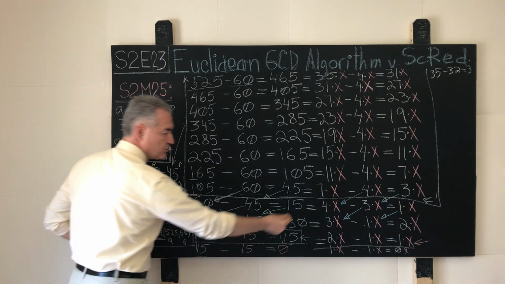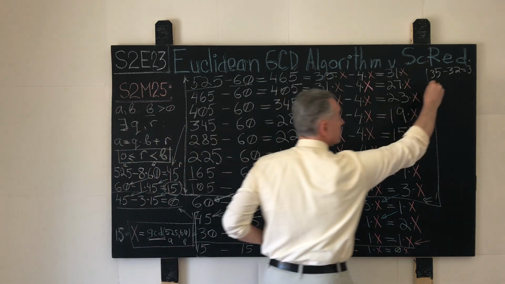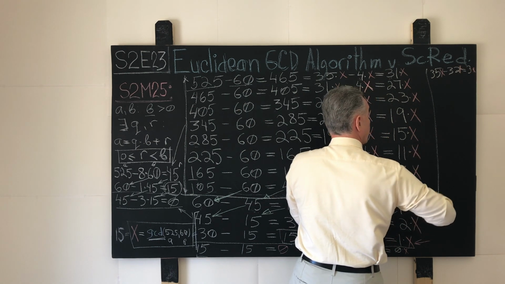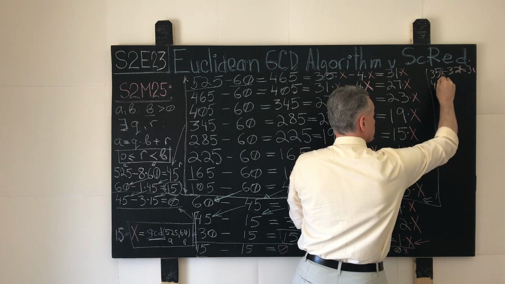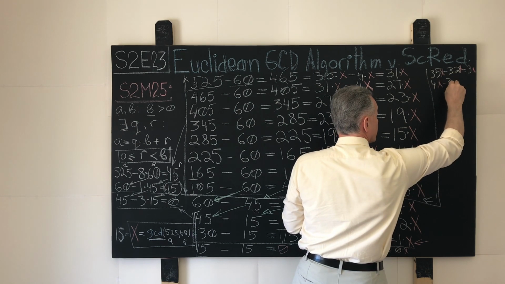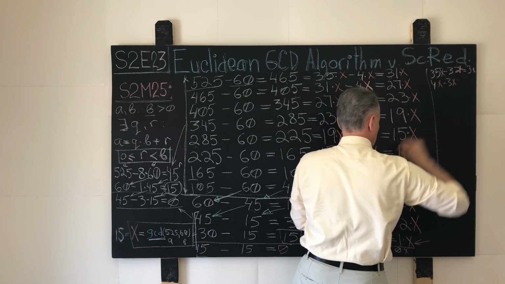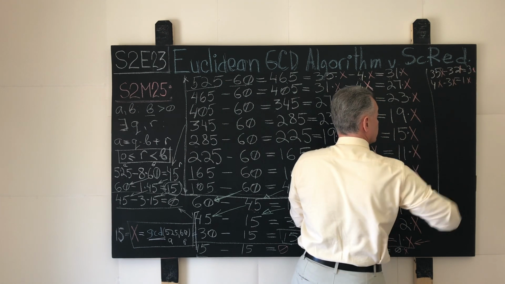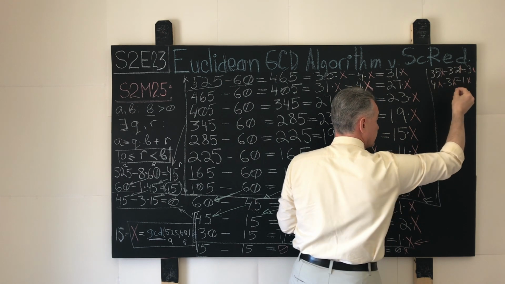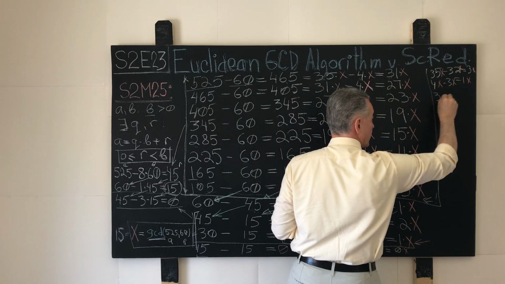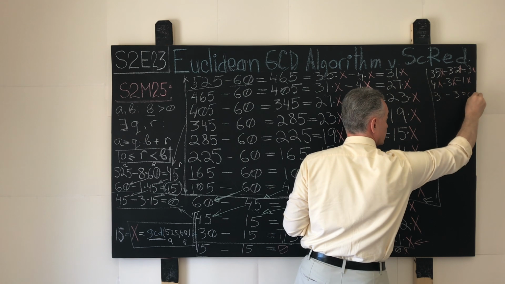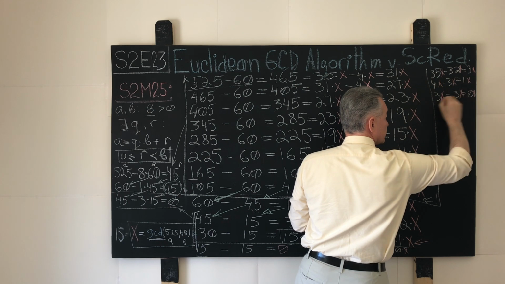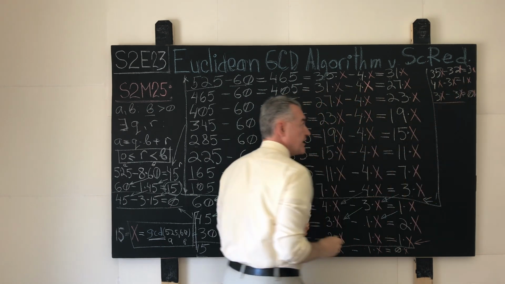So we recommend that you write down: 35 times x minus 32 times x comes out to 3x. Then we have 4x minus 3x comes out to 1x. And then finally, in our division algorithm notation, 3x minus 3x comes out to 0x. So 3 times x minus 3 times x comes out to 0x. Terminating point, bam, 1x is our guy.